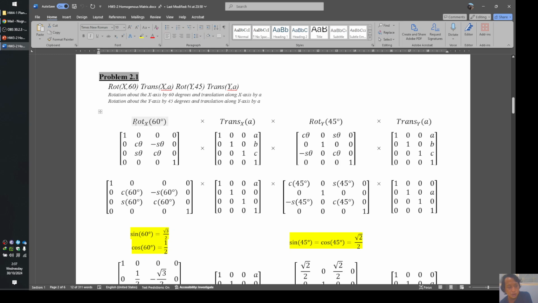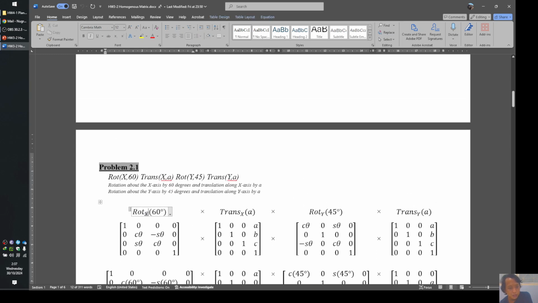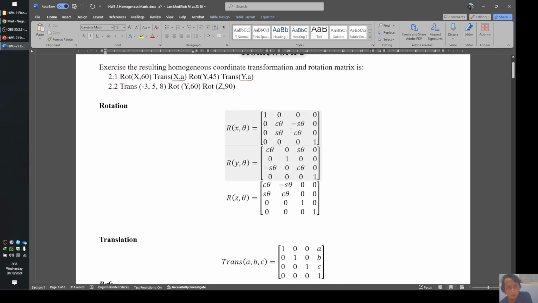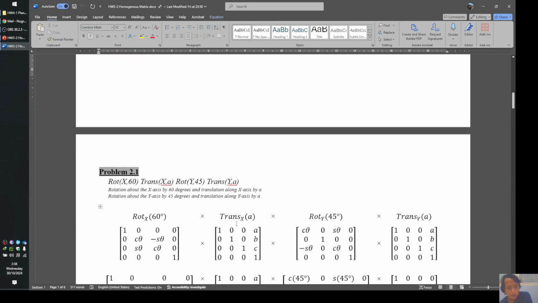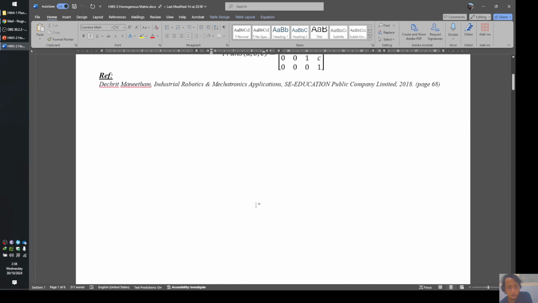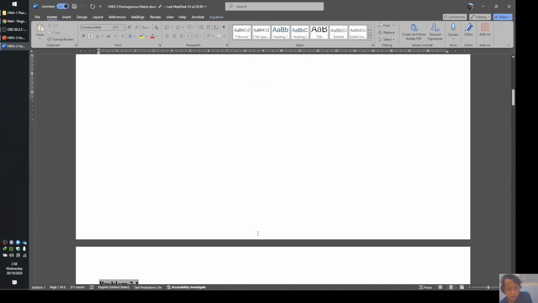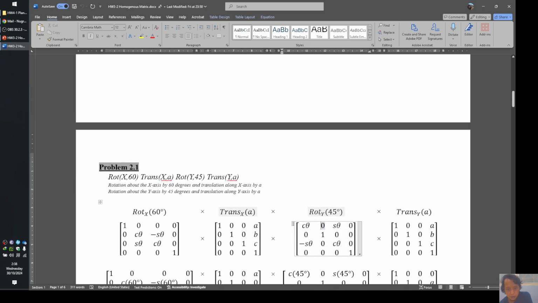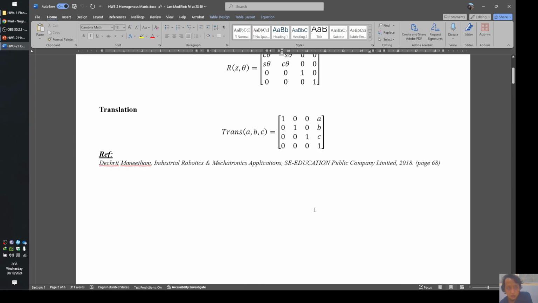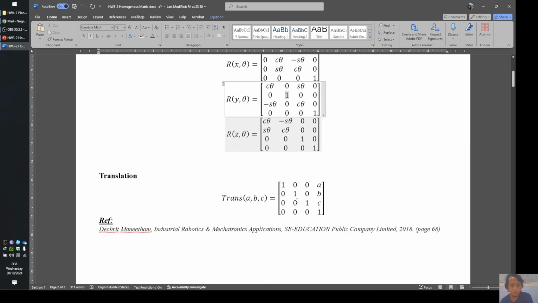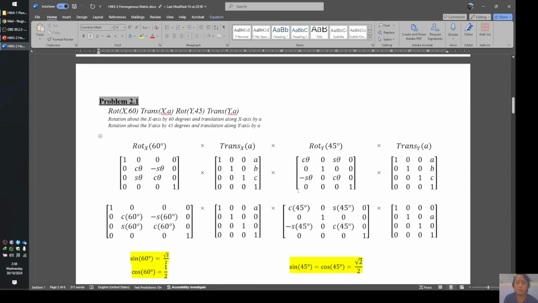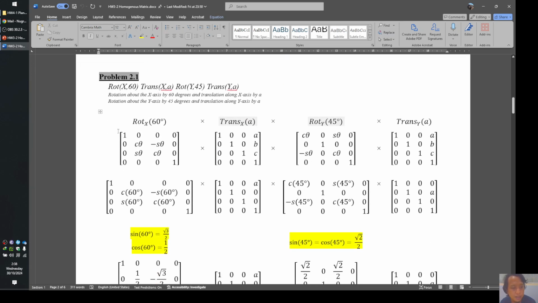This is the rotation along the x-axis. Because this is x, I will use this one. For the translation, I will use this template. And for the rotation about the y-axis, I will use this one. After putting it in, this is the 4 by 4 matrix.